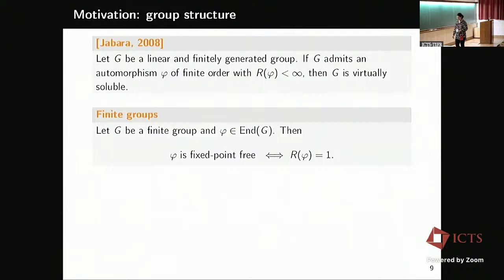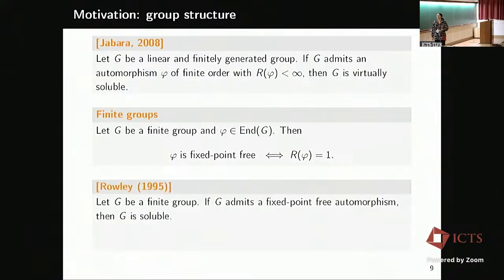So for finite groups, for instance, we know that, well, that's just an easy application of the orbit stabilizer theorem. Phi is fixed point free if and only if the Reidemeister number of phi is 1. Just apply the orbit stabilizer theorem to the identity element.